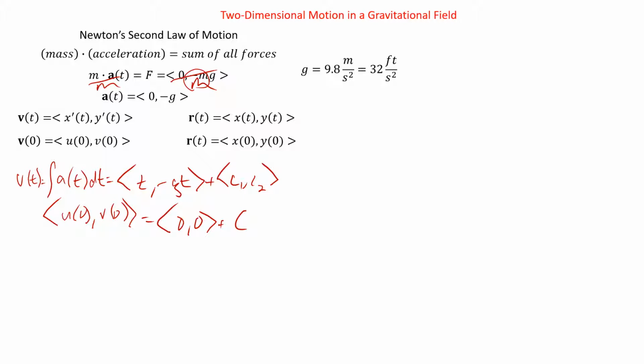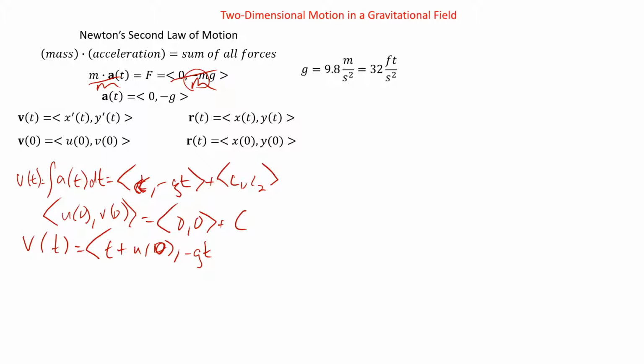We can plug that in to get v of t equals, oh wait, that's not a t, that's a c. That's a c, not a t, because the antiderivative of 0 is a constant.